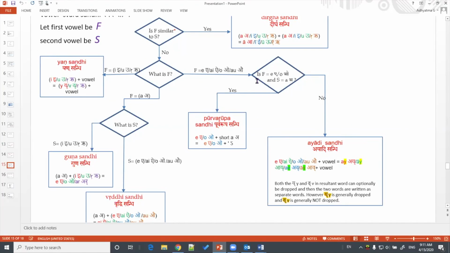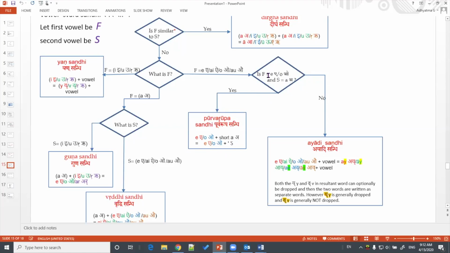So if the first vowel is ekara or okara and the second vowel is akara, then the sandhi is purvarupa sandhi. That means the first vowel is retained and the second disappears. So A and O, and when the second one disappears, we put this avagraha sign.